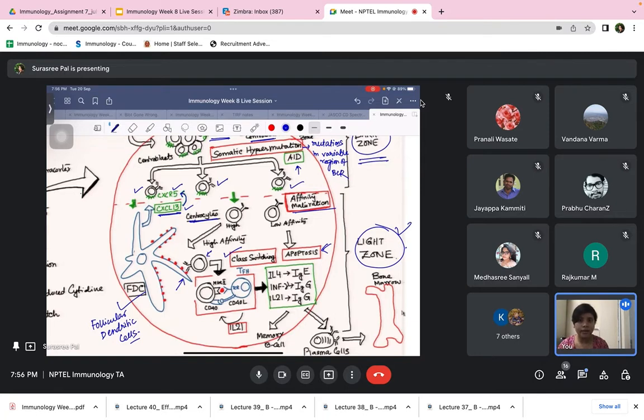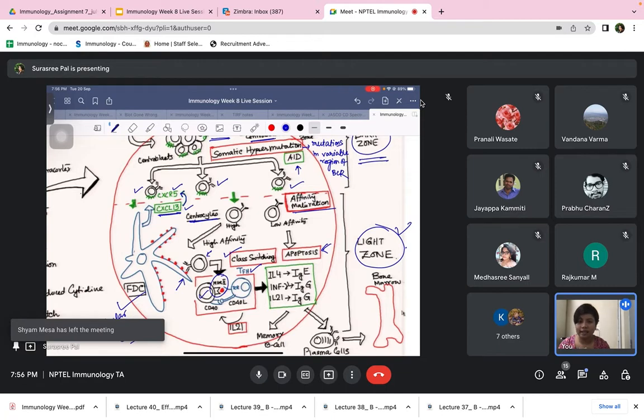Once they are selected, they will internalize the antigen, and they will again express it with the help of the MHC class 2 molecule, right? Now this foreign peptide is being expressed by the MHC class 2 molecule, and the T follicular helper cells with the help of their TCR can recognize this MHC class 2 associated foreign peptide, right?